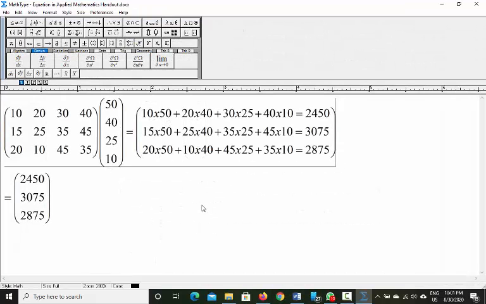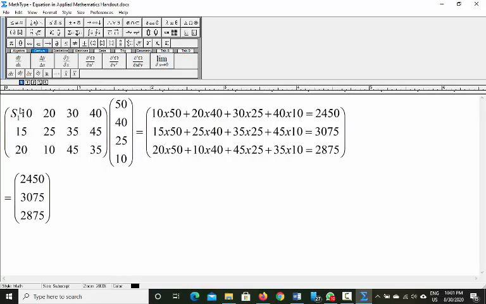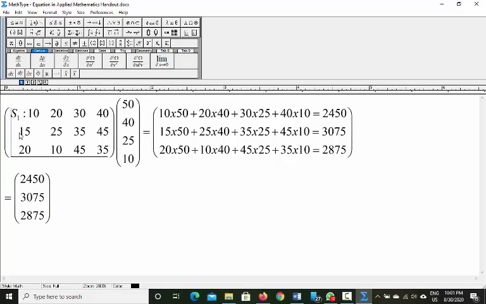So if you multiply these, I'm repeating again, this one represents the first salesperson, S1. This one represents the second salesperson.